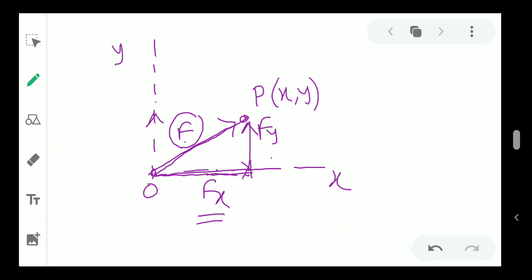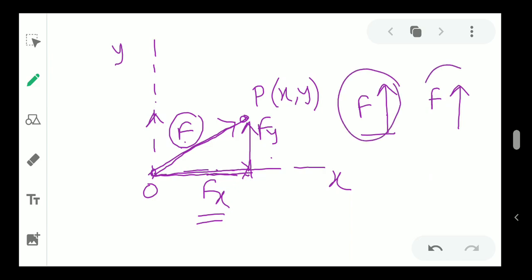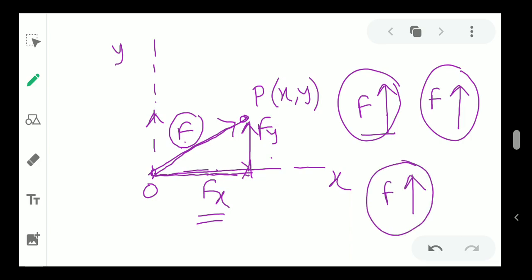One thing I want to tell you: if you have a vector here, you can move this vector anywhere, but one thing has to be sure, that the direction and the magnitude of the vector have to be the same. So from here you can shift the vector here, or move it here. If you move it like this, your vector will not change.